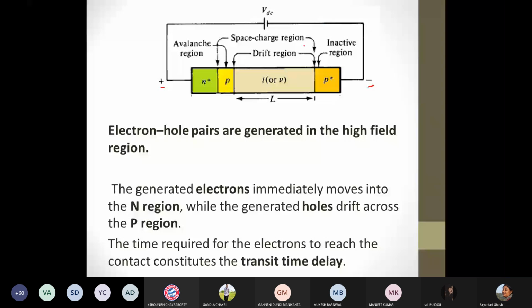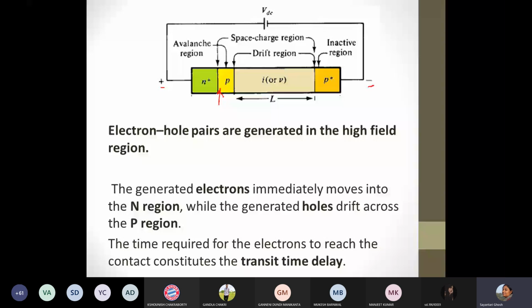Now, if you have this junction negatively biased, that is reverse bias, then what we are looking for is to cause a breakdown at this junction. As you know, the diode characteristic is divided into different parts, where if you apply a very high reverse bias, then what you see is a breakdown.